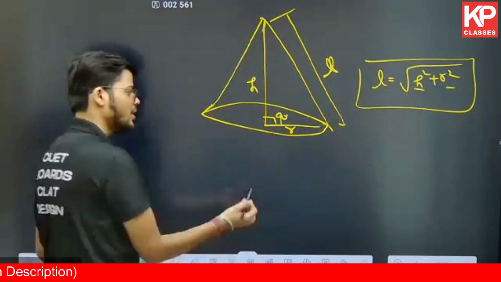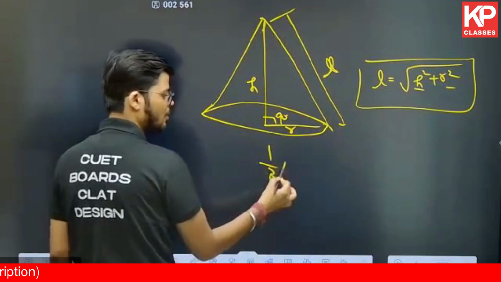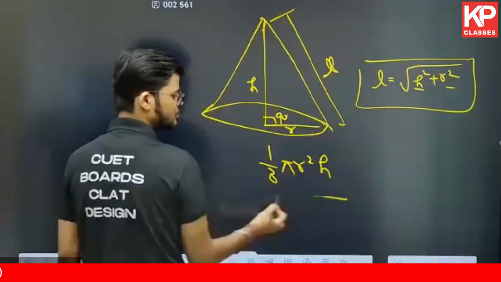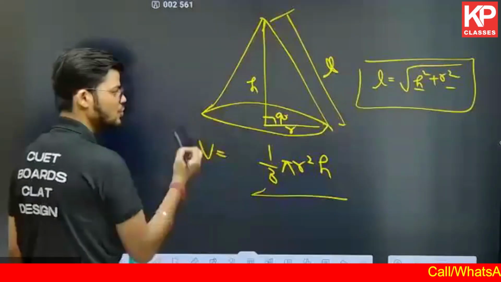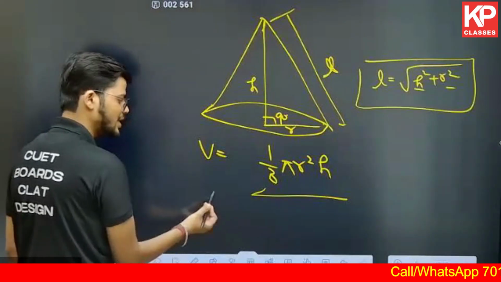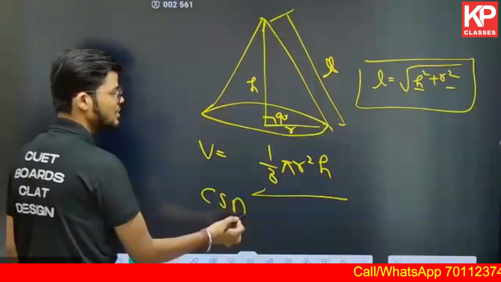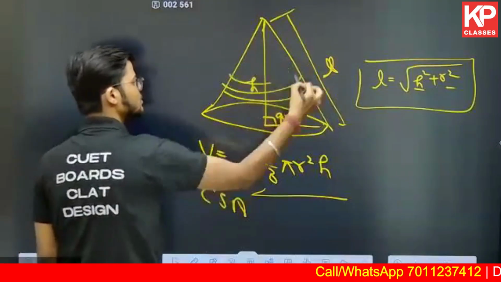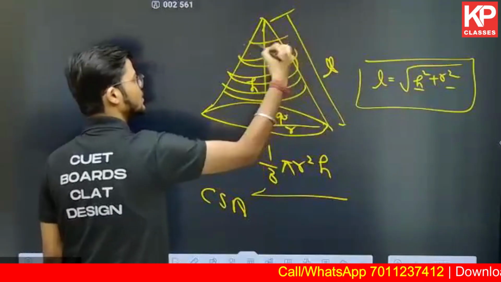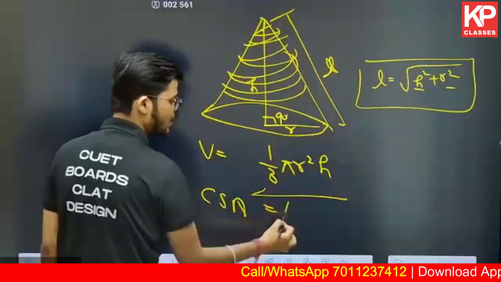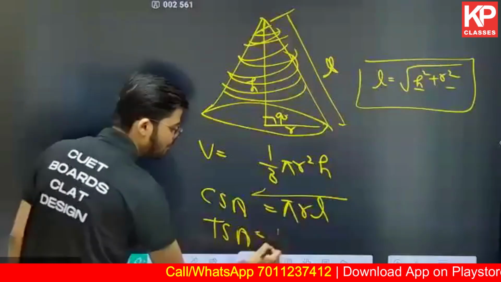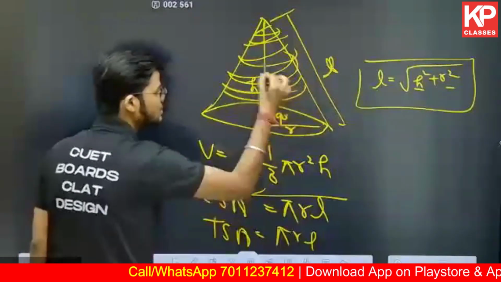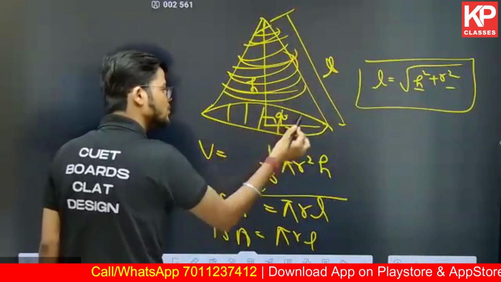Now what is the volume here? Volume is going to be 1 upon 3 pi r square h. That is the volume in case of a cone. Now, the curved surface area means the area of this part. So curved surface area is nothing but pi r l. The total surface area will be pi r l plus the area of the bottom.